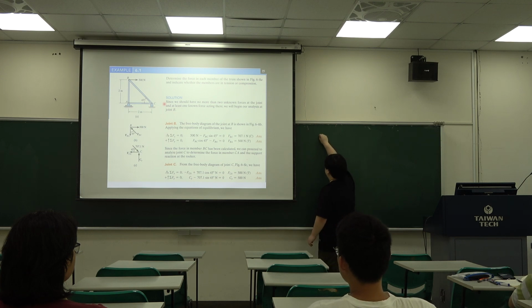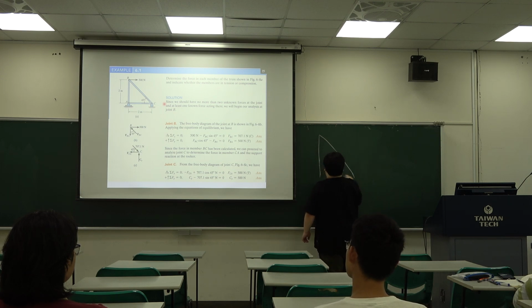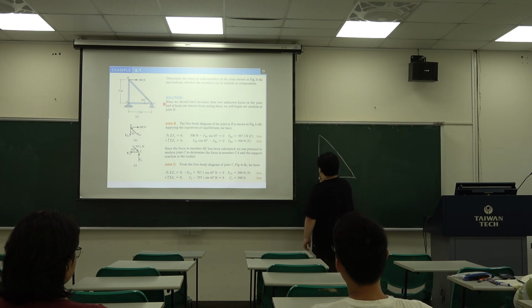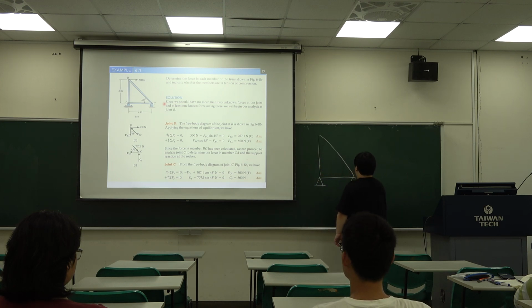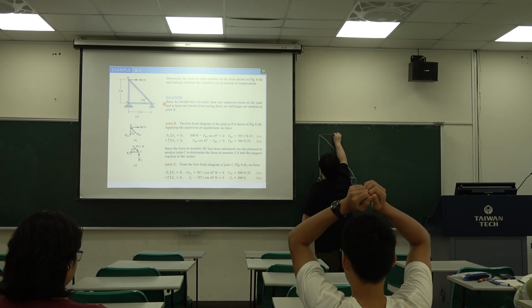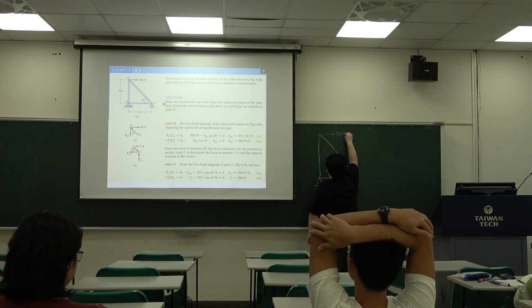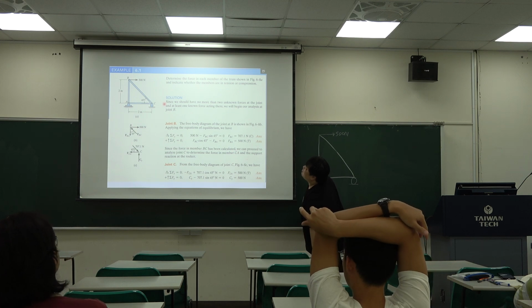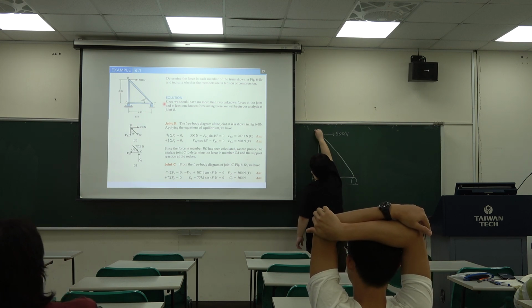So first, we draw the object, and we have the three connection points, and we have the two supports. One is the hinge, and one is the roller. And we put the force here, 100 Newton.